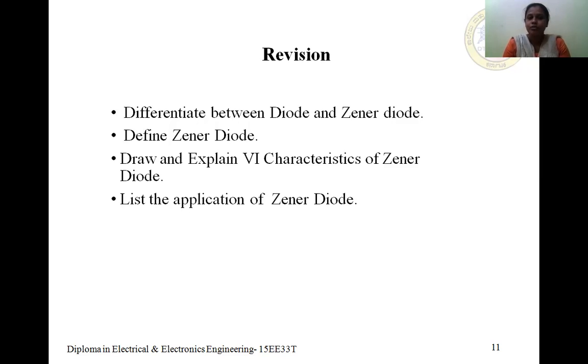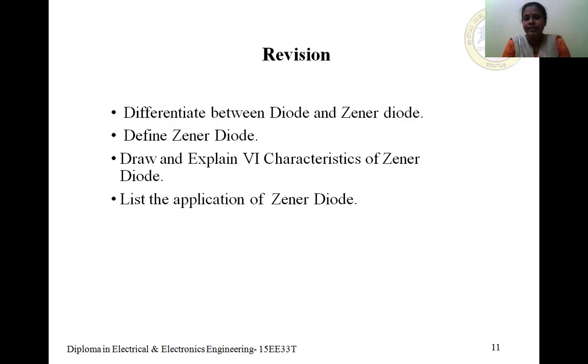Next question is, draw and explain the VI characteristics of the Zener diode. As I explained, we have plotted the VI characteristics, that is, voltage and current characteristics. In the forward biased condition, the graph is similar to an ordinary PN junction diode. In the reverse biased condition, initially a small current flows, then suddenly there is an increase in current.